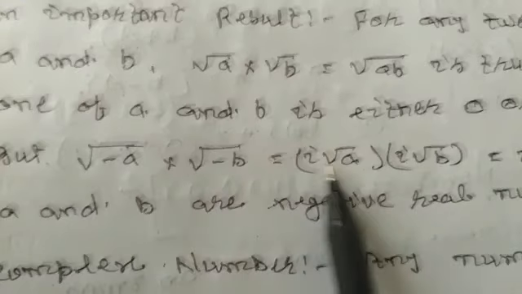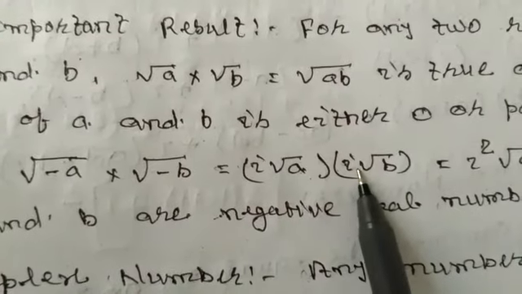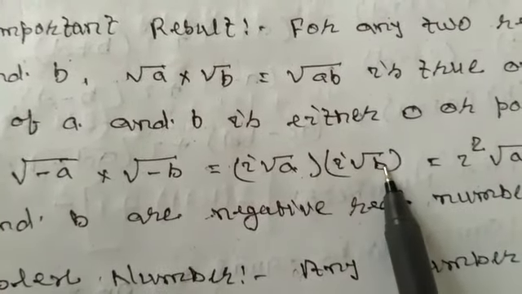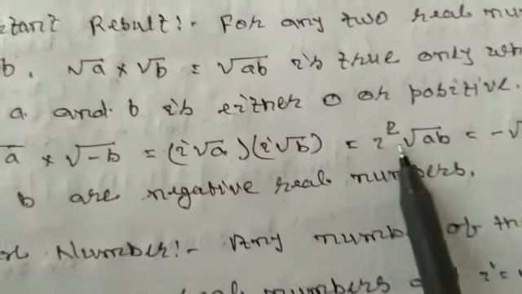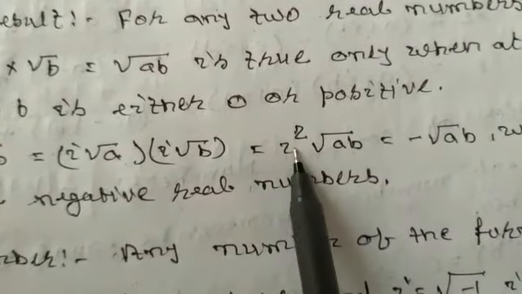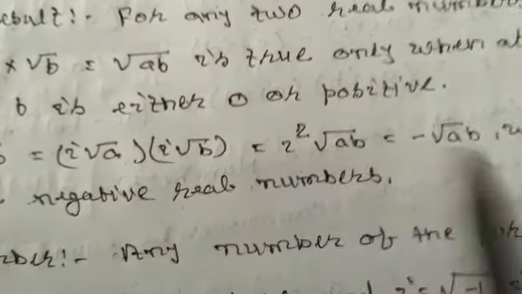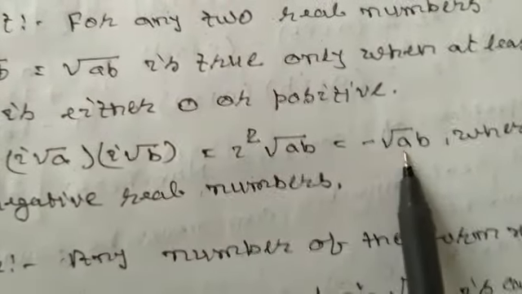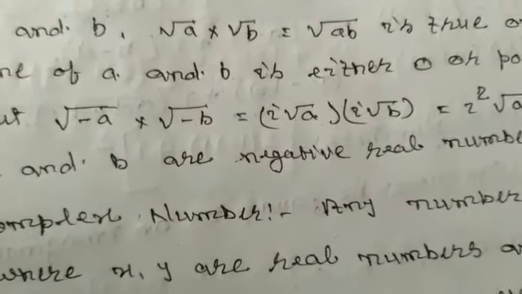So we have i under root a into i under root b. Similarly, when you multiply it, you will get i square under root ab, and the value of i square, as you know, is minus 1. So it will be minus under root ab, where a and b are positive real numbers.